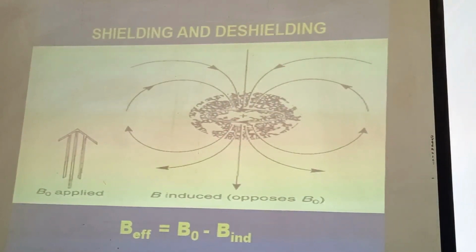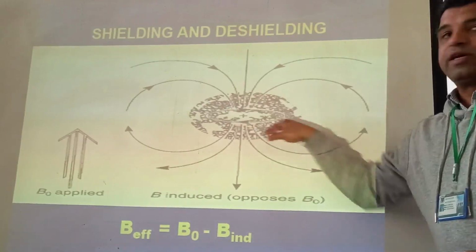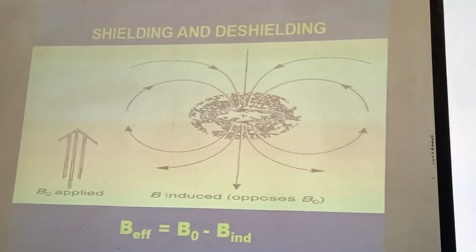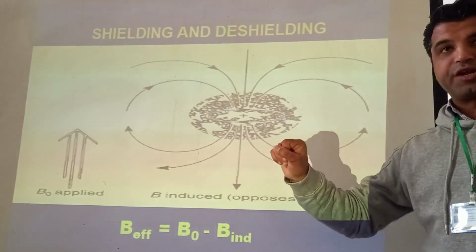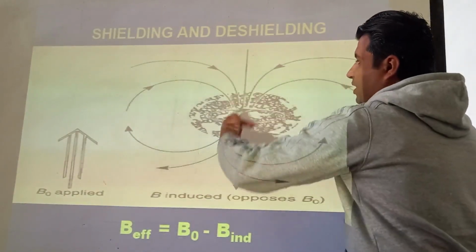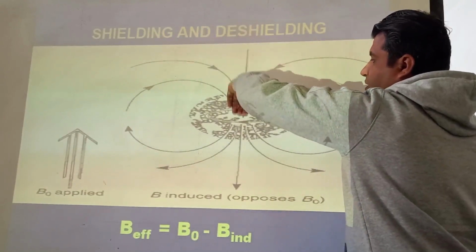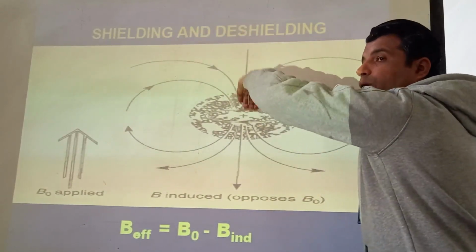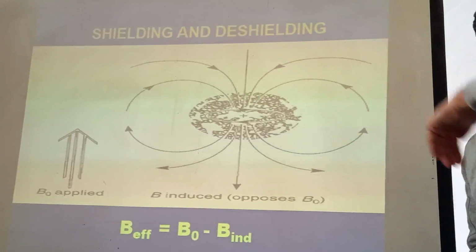This magnetic field that is generated because of the electron density around this nucleus is known as the induced magnetic field. Now, this induced magnetic field opposes the applied magnetic field. You can see the direction of these lines right here in the center where this nucleus lies.